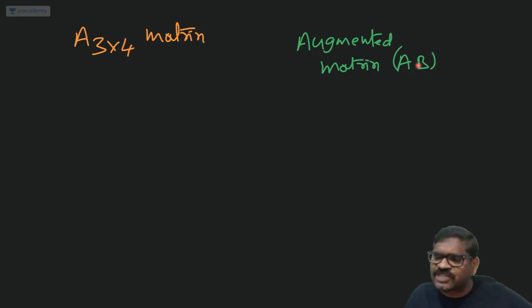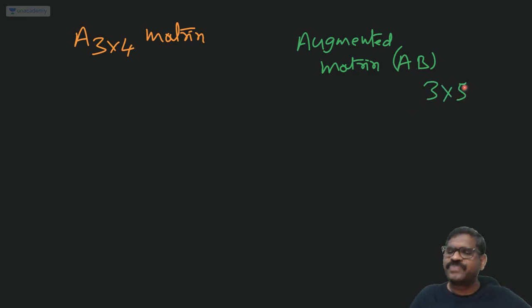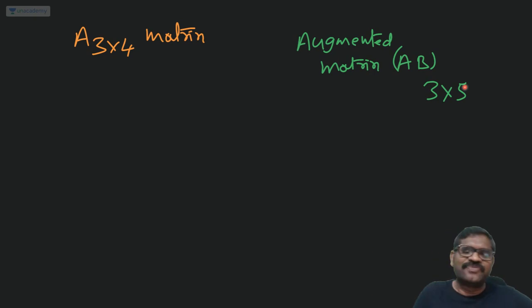Is it 4 cross 4 or 3 cross 5? 3 cross 5. Why is it so? The difference between A and augmented matrix AB is one column, one column extra than A. That's why if A is 3 cross 4, then AB would be 3 cross 5 automatically.